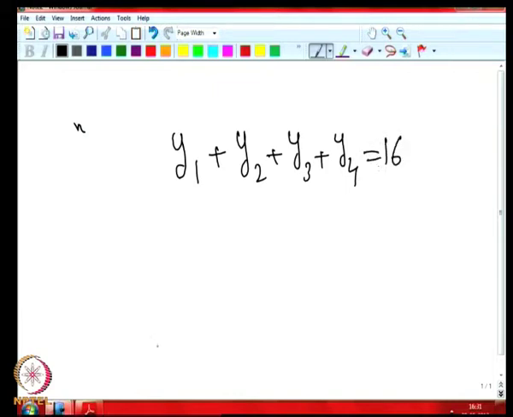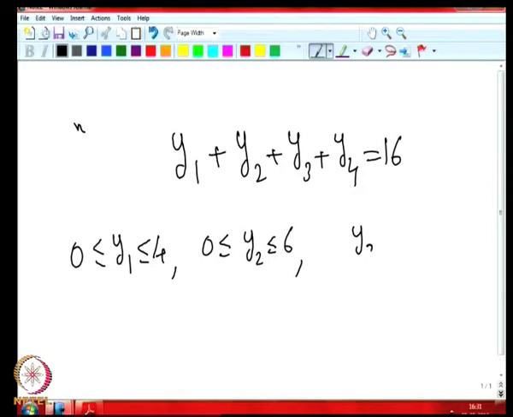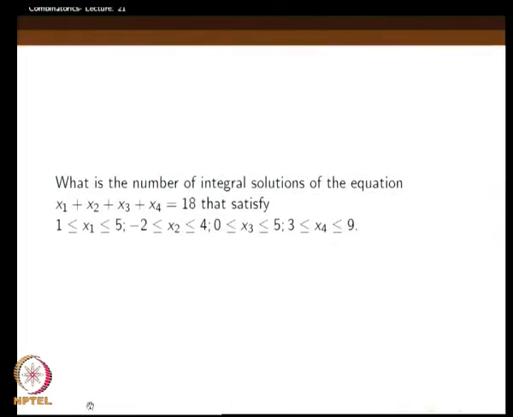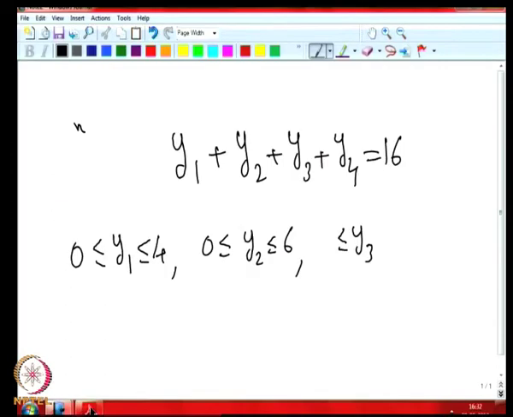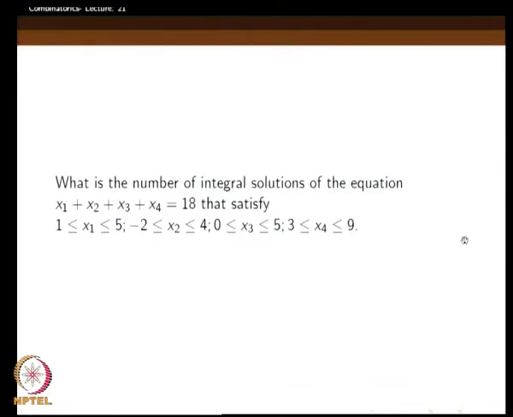The constraints are that y1 is in the range 0 to 4, y2 is in the range 0 to 6, y3 is in the range 0 to 5, and y4 is in the range 0 to 6.